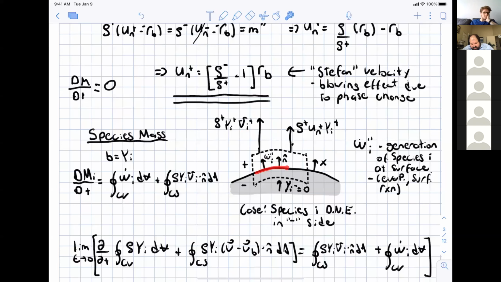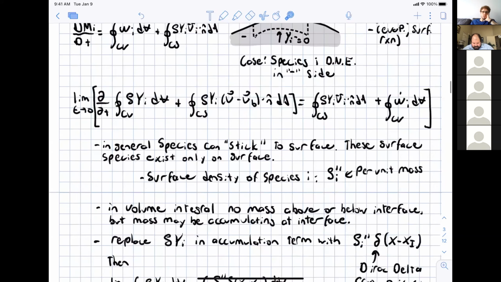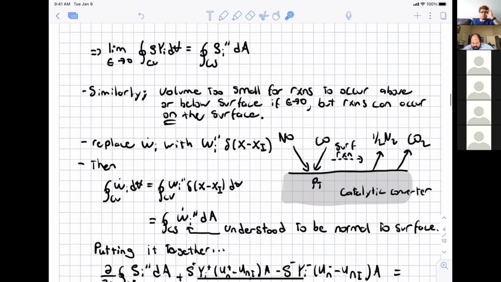And so an example of a surface reaction would be evaporation. And I have some down here. An example of a surface reaction would be, say, in your car, you have a platinum catalytic converter. For a surface reaction, how those work is you have nitric oxide, and you can also have CO2.